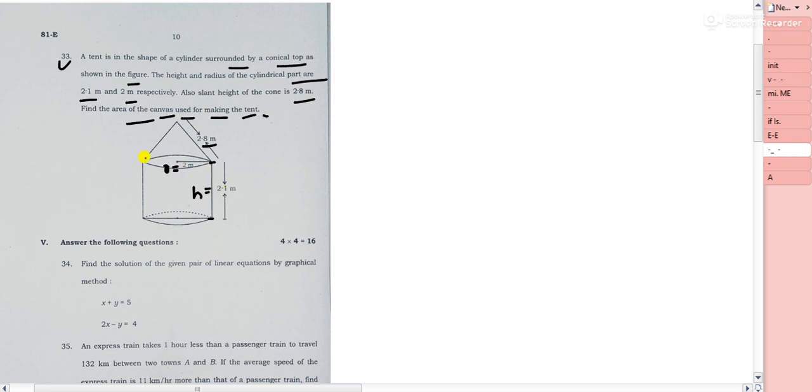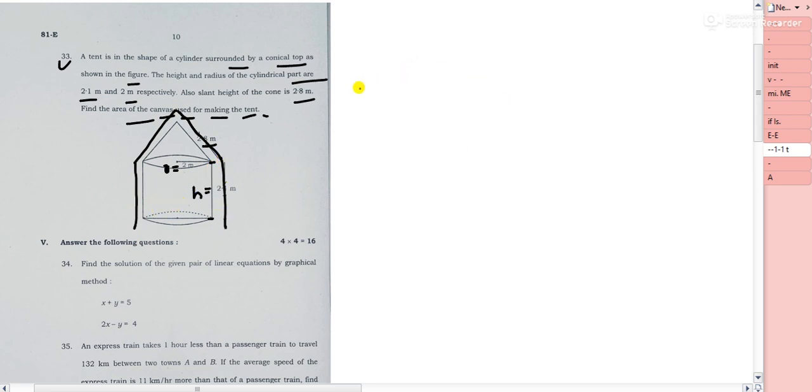Okay, so canvas, only this part, means the cloth which is required to cover this, and this part, right? So what is this? This is CSA of cone plus this is what? CSA of cylinder, right? Or LSA of cylinder.